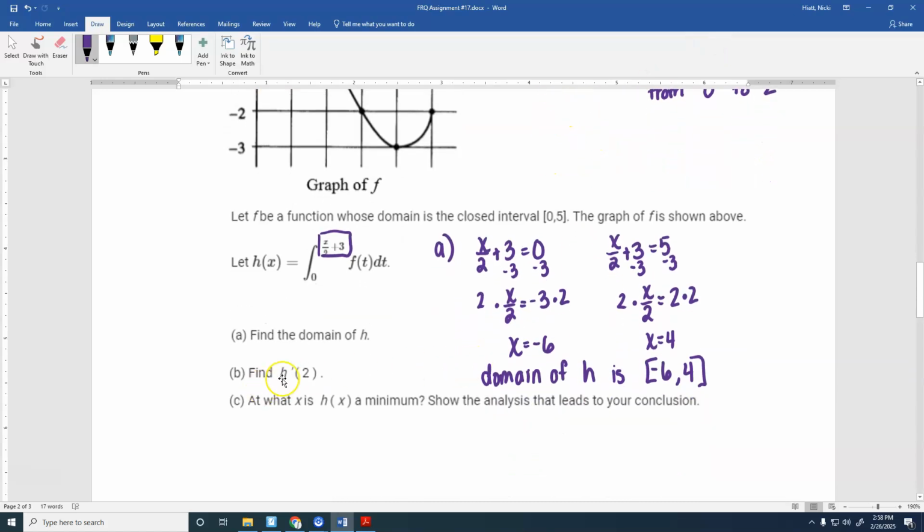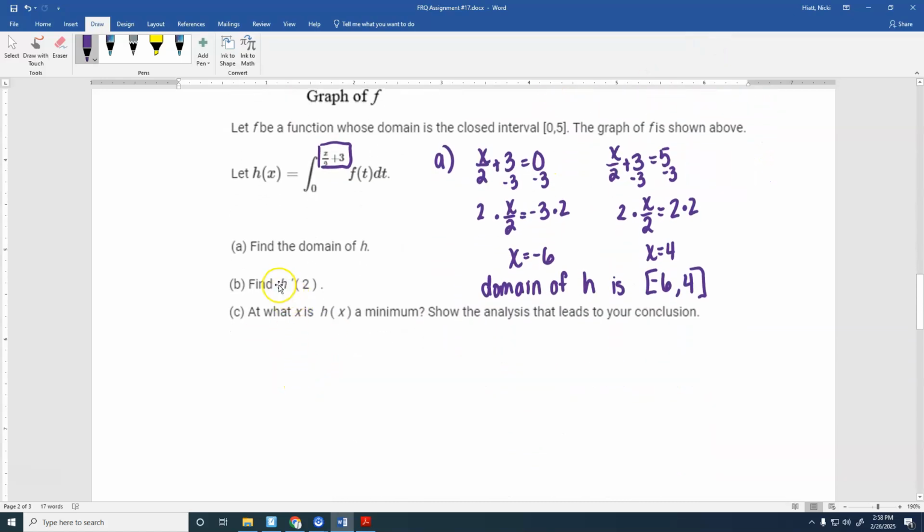The second piece asks us for h prime of 2. Okay, so the function they've given me right there, the integral function, is h. If I want h prime of 2, h prime of x is the derivative of the integral from 0 to x over 2 plus 3 of f of t dt.